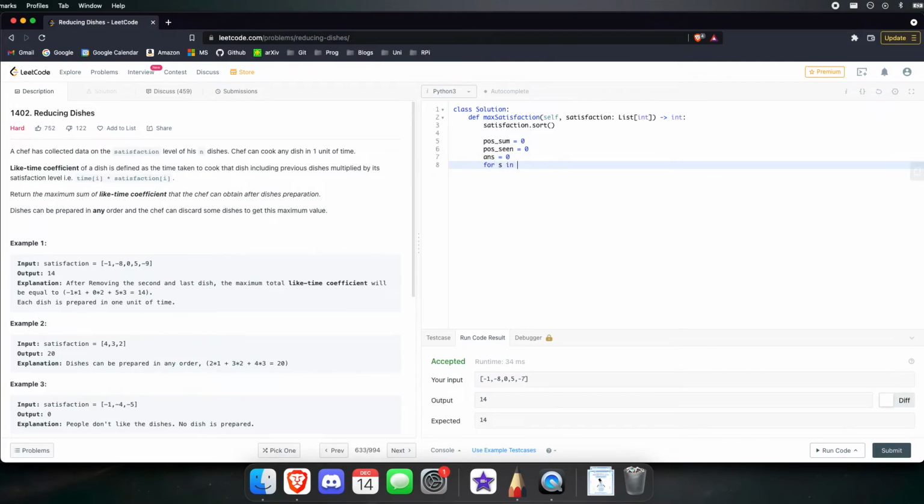Now for every number in satisfaction, if that number is positive, then we want to increase our positive sum by just adding that satisfaction level, increase the positive numbers we've seen, and then our answer will be the summation of that.